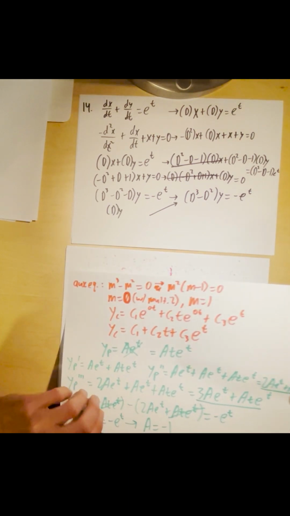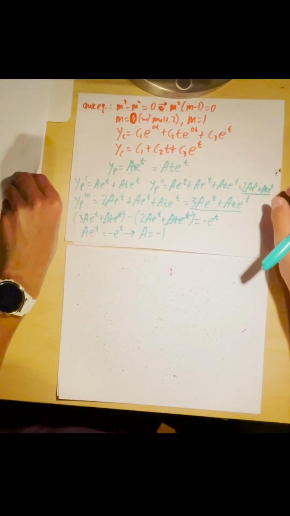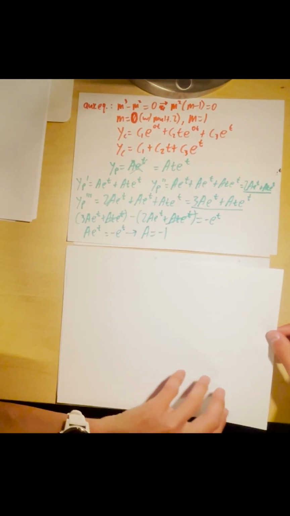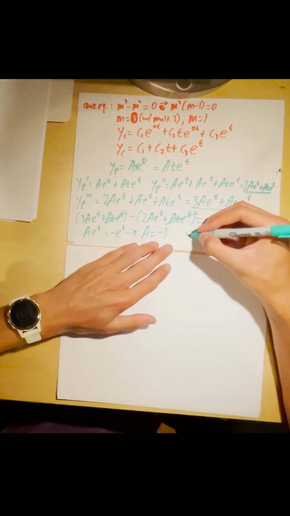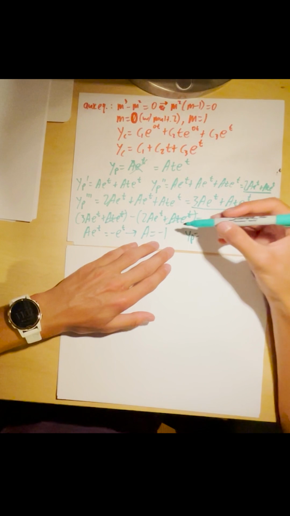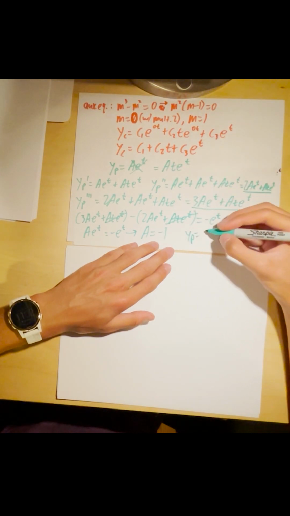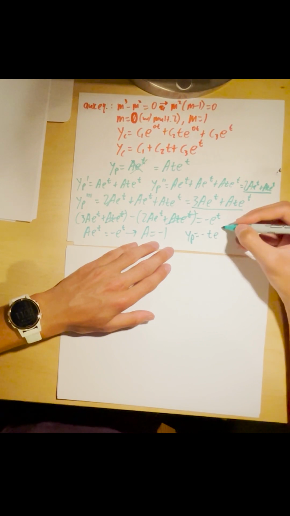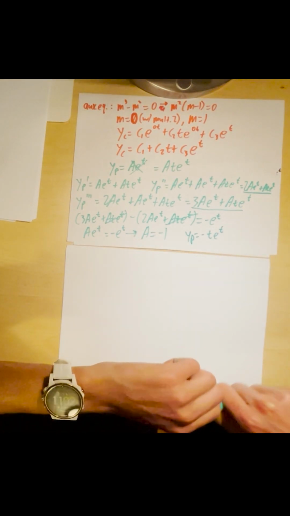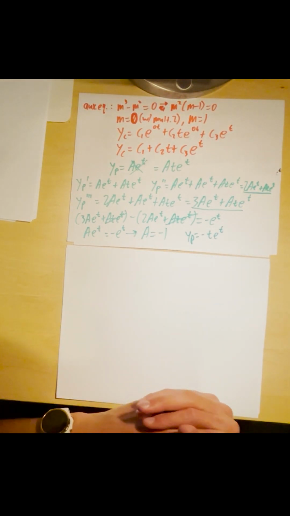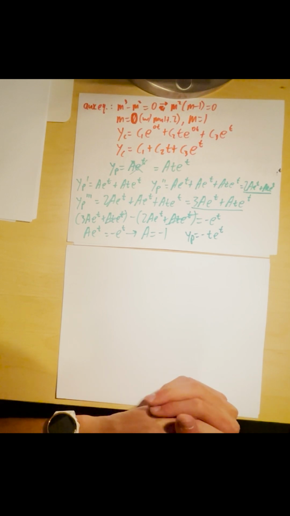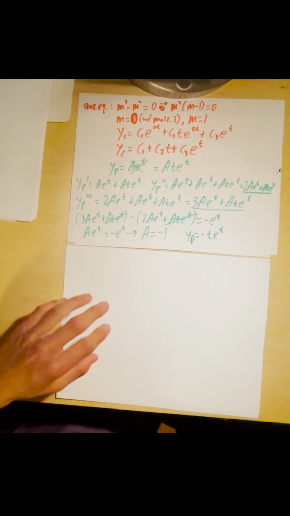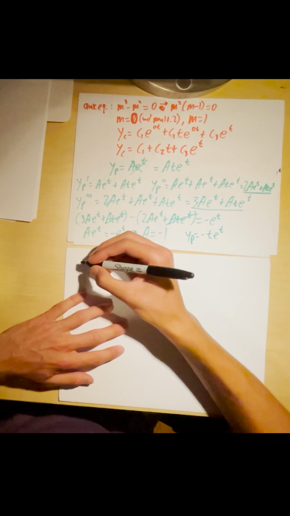From this, we can construct, so now we have yp equals, so we can plug this negative 1 in here. We're going to get yp equals negative t e to the t. That's our particular solution for y. Finally, I will write our general solution for y.